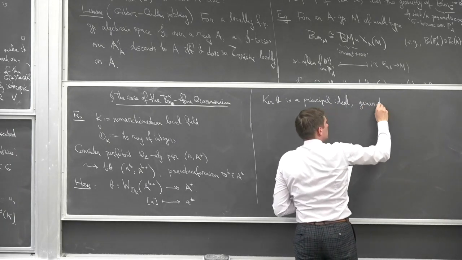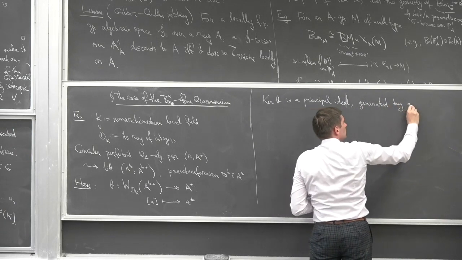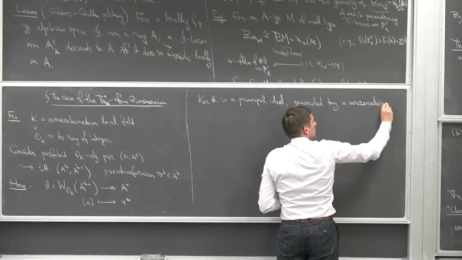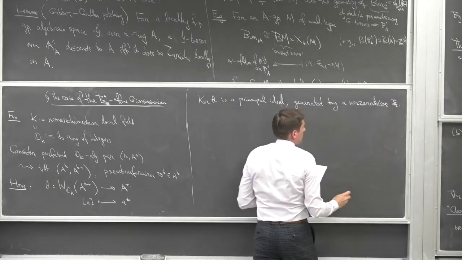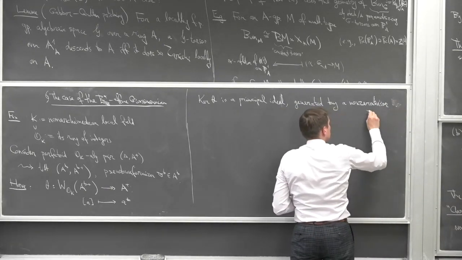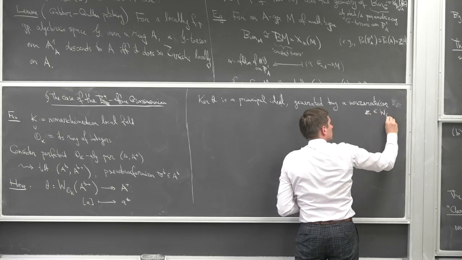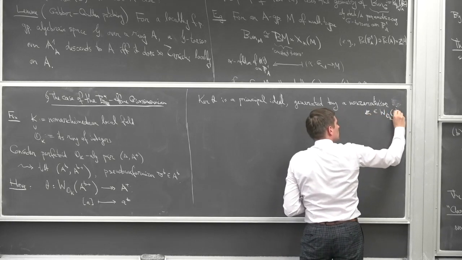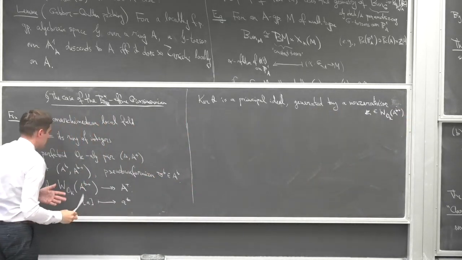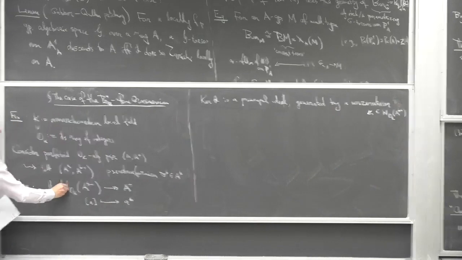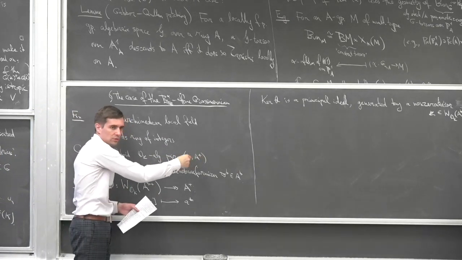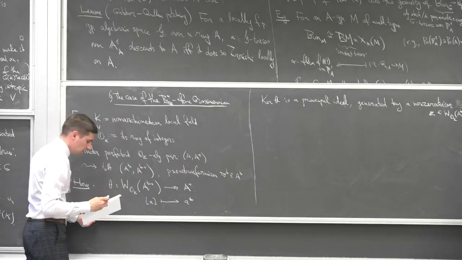So it's generated by a non-zero divisor xi. The same xi works for any such pair, that's a general part of the general theory, so you don't need to change it.